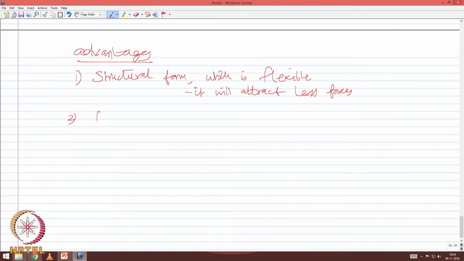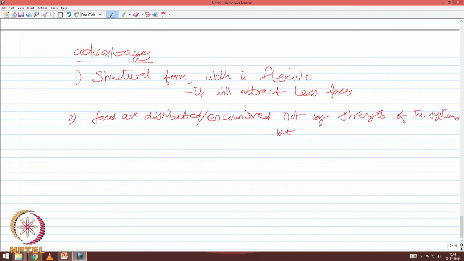Interestingly, the forces are distributed or encountered not by strength of the system, but by large relative displacement of the system.